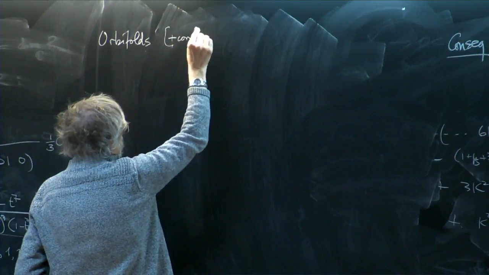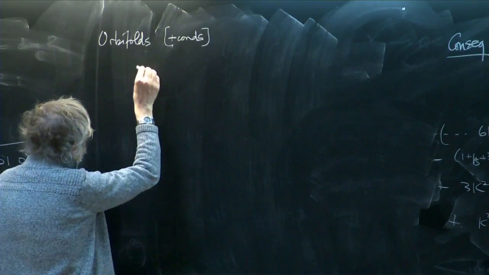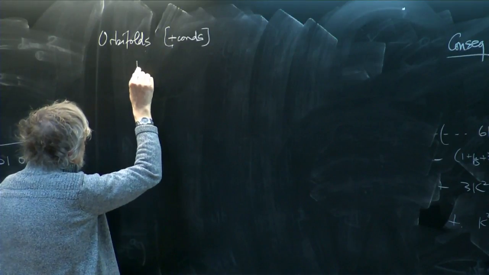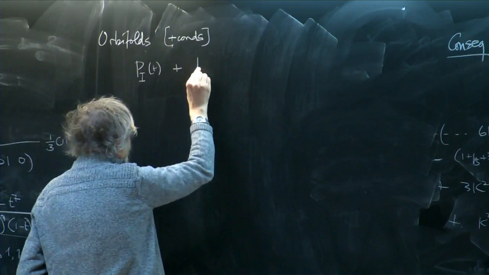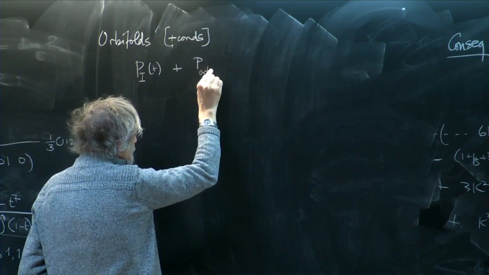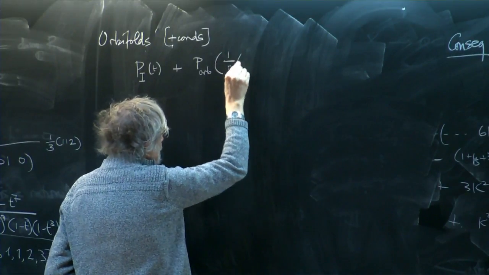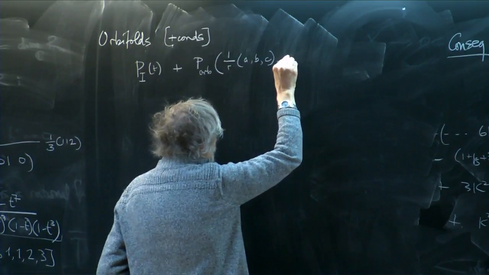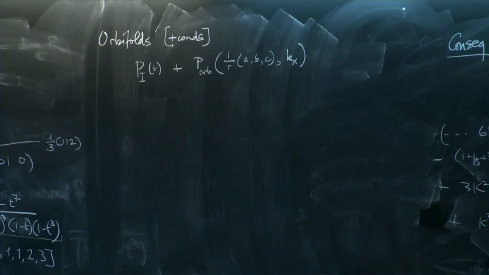I'll try and say this a little bit more precisely tomorrow when I start seriously talking about Q-Fano threefolds. They are going to look like P_I(t) plus P_orbifold, with 1 over r(a,b,c), and then K_X.